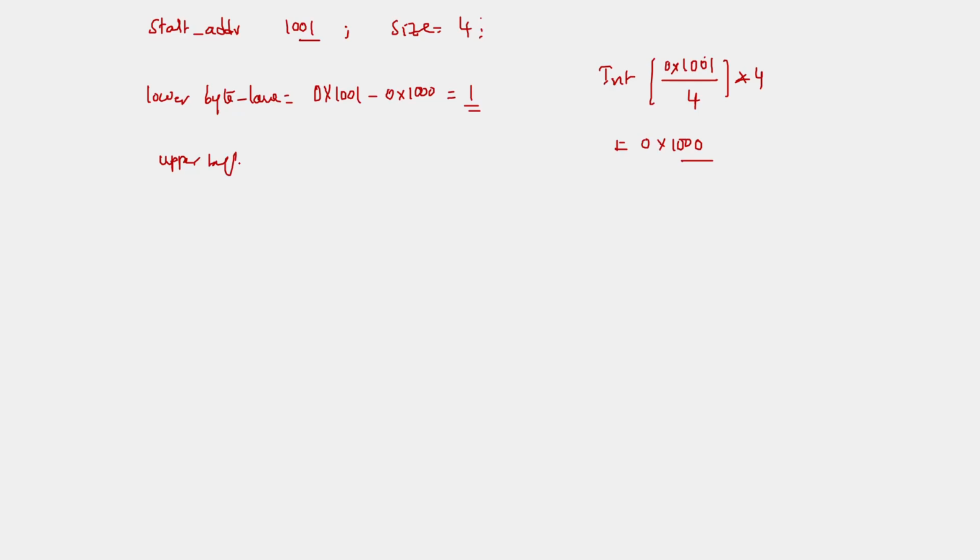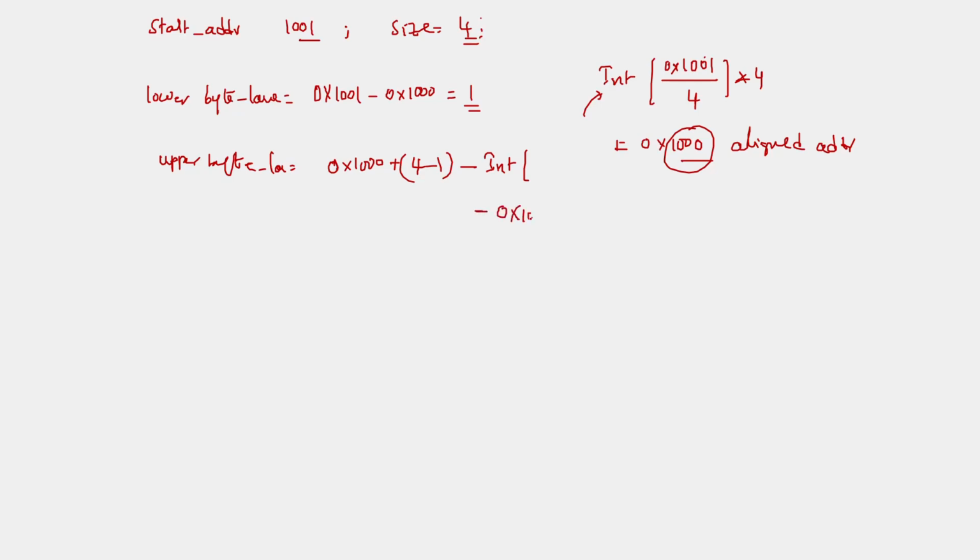How will we calculate the upper byte lane? The aligned address, what is the aligned address? 0x1000, right? This is the aligned address, plus size minus 1, your size is 4, so 4 minus 1, and then minus the integer address we have calculated, that should be the same 1000.